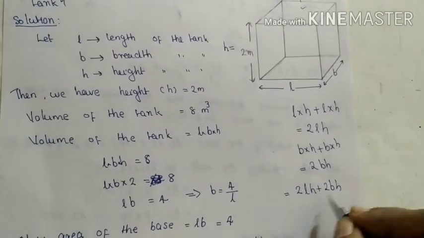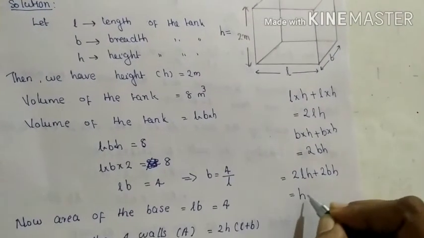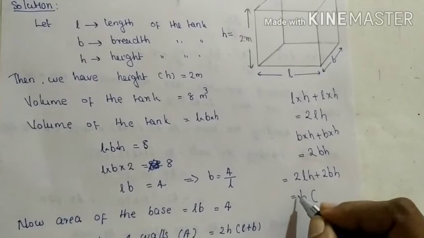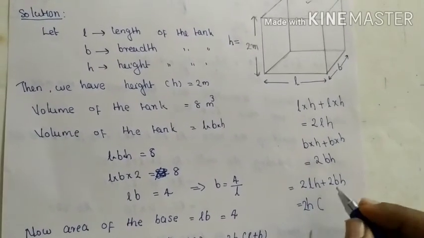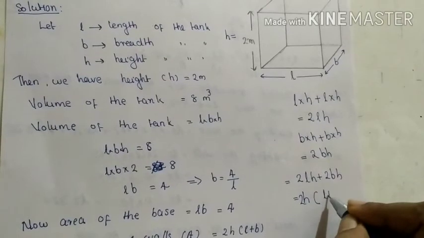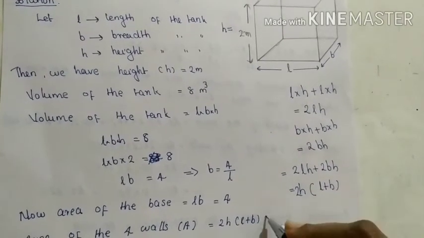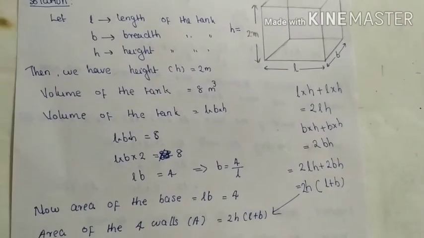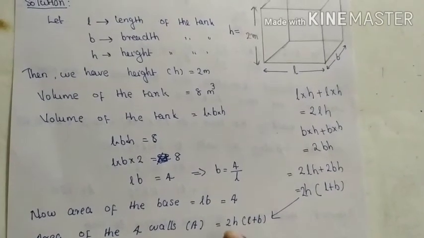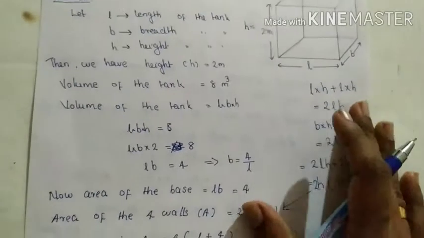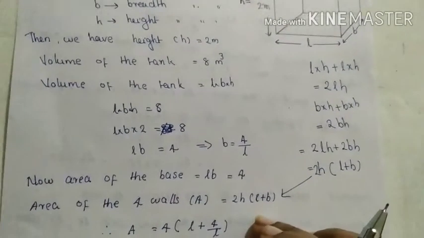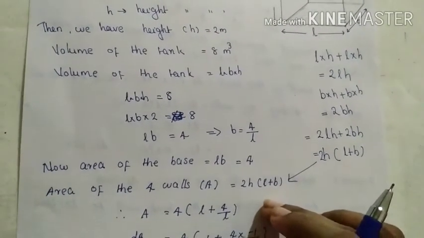So taking H outside, and 2 outside, here 2 and H are common, we get 2H into L plus B. Okay, so this is our area of the 4 walls, A equal to 2H into L plus B. I hope you understood. Next, I am going to substitute the value.